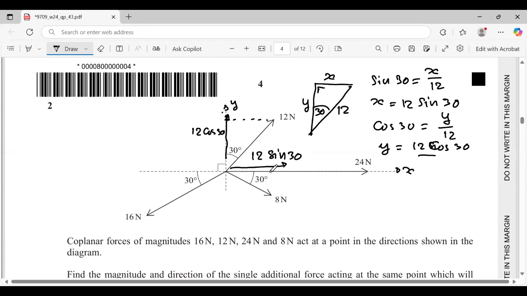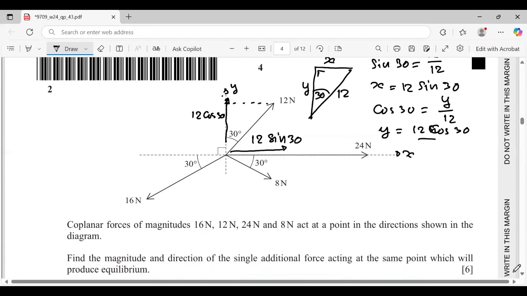Now for this force, I would like to create the right angle triangle representative of it. This is 30, this is y, and this is x.